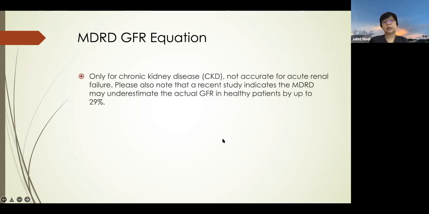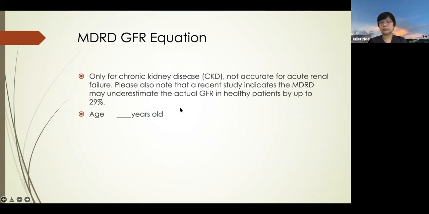So the MDRD GFR equation is only used for CKD, not accurate for AKI, no? And please also note that a recent study indicates that it may underestimate the actual GFR in healthy patients by 29%.